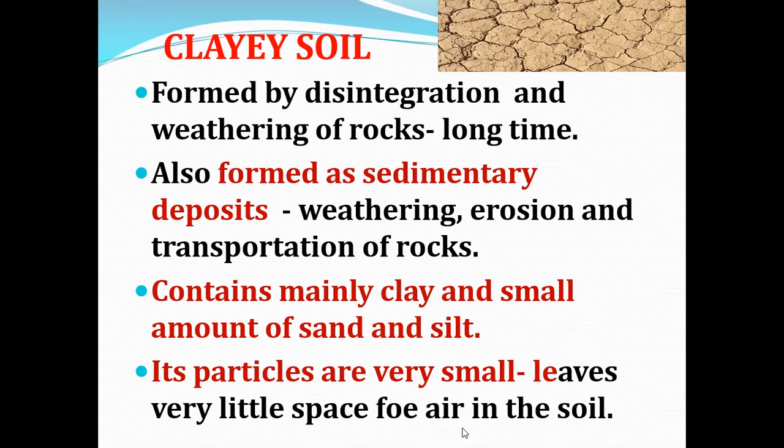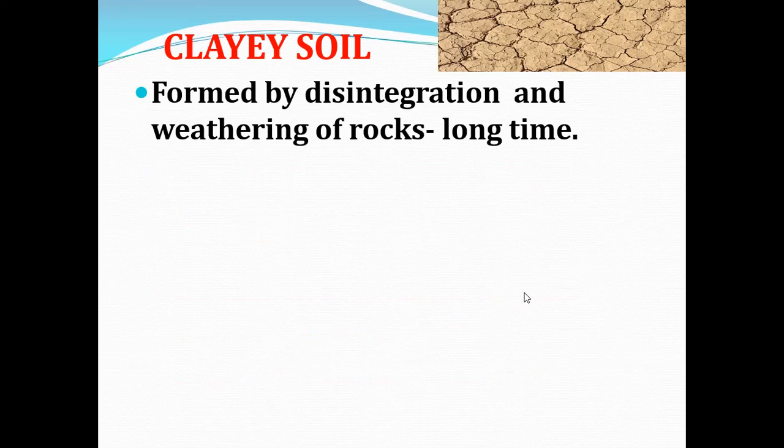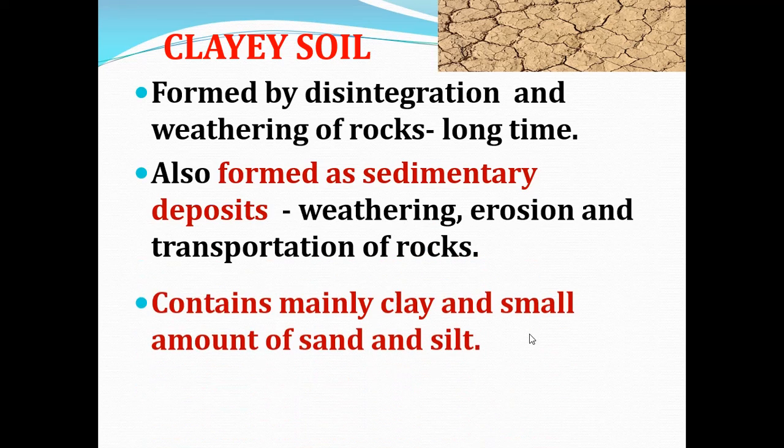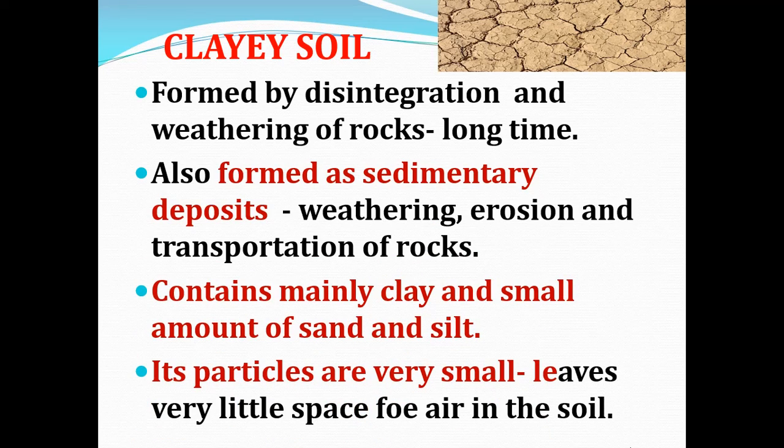Okay, the sandy soil, we have seen, has large soil particles, so air can be aerated well. But here you see the particles are very small, and it leaves only very little space for the air in the soil.